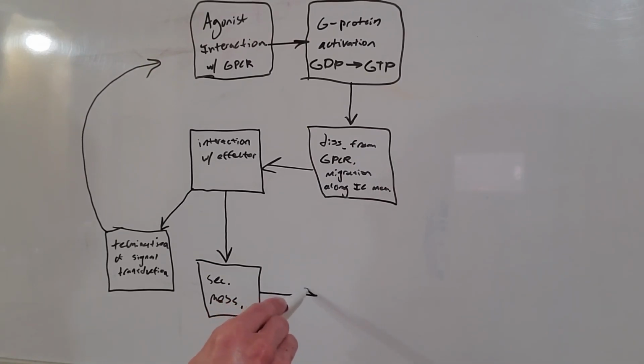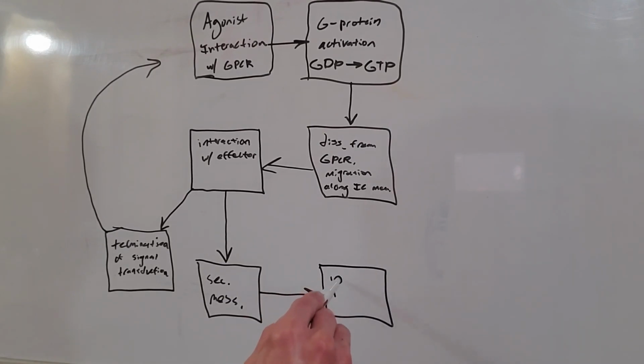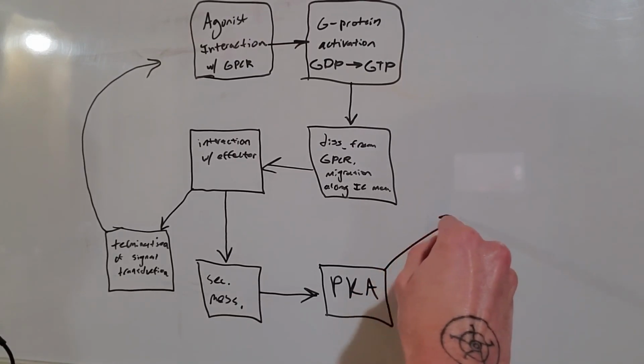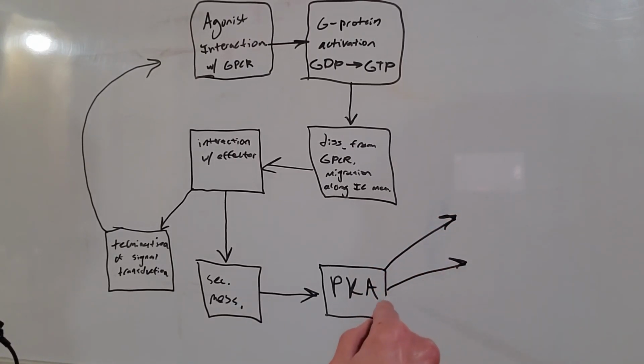That secondary messenger goes on and activates secondary effectors. In the case of the cAMP-dependent pathway, that would be protein kinase A, which then goes on and continues to transduce the signal via the ability to phosphorylate many different sites in the cell.